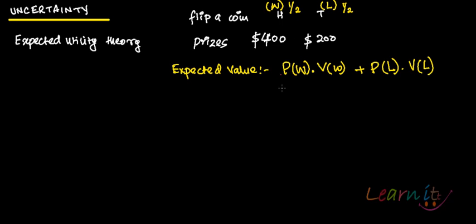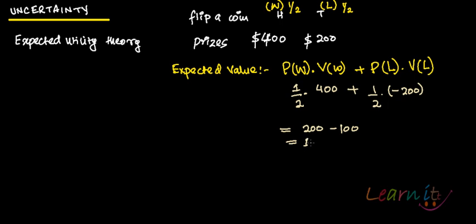The probability of winning is half, and the value of winning is 400. The probability of losing is half, and the value of losing is minus 200. So that makes 200 minus 100, which is $100. On average, if you repeat this experiment a large number of times, you'll get this as the expected value.